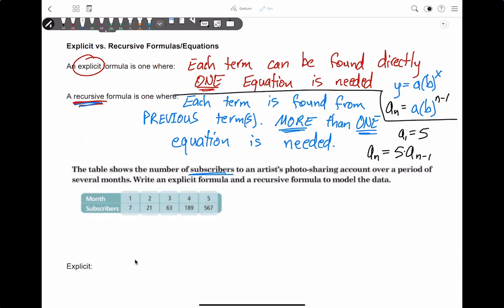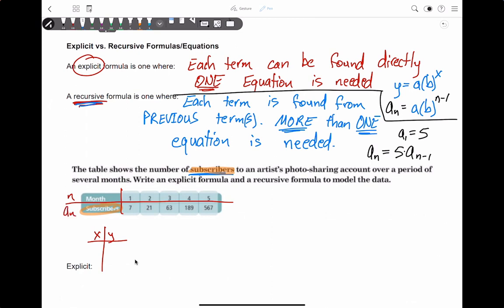The number of subscribers right here is going to be down here, and this could be interpreted as an X and a Y chart that you're used to seeing, with an input and output. But now we're moving on to exponential and logarithmic functions in this unit, where we're going to deem this as n, and this as a sub n.